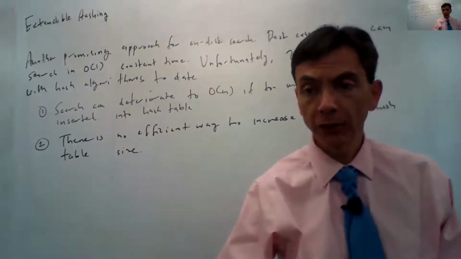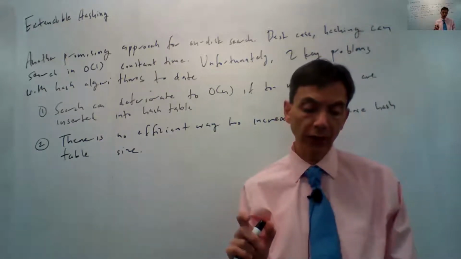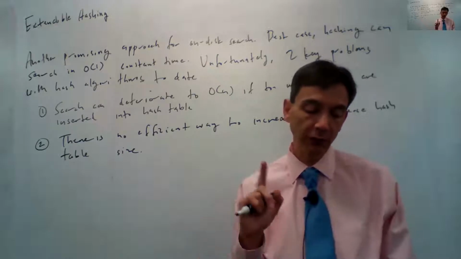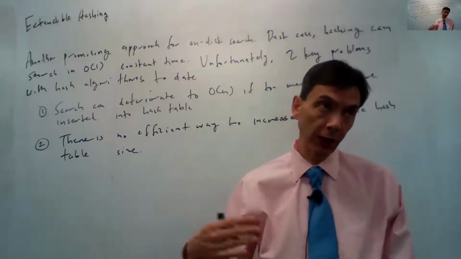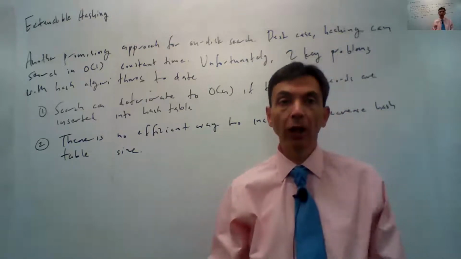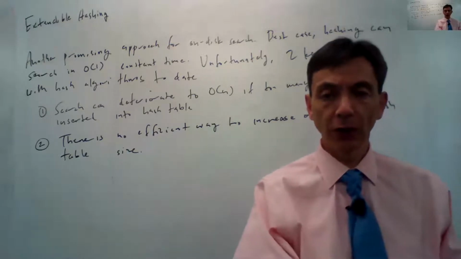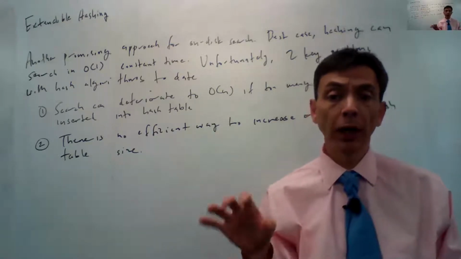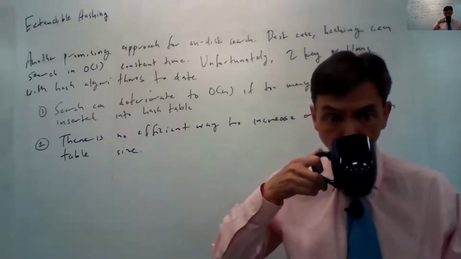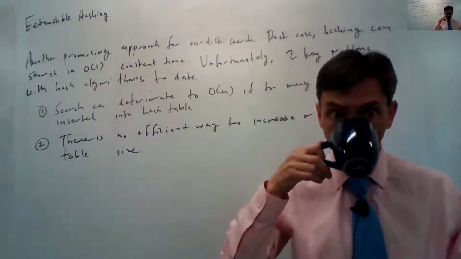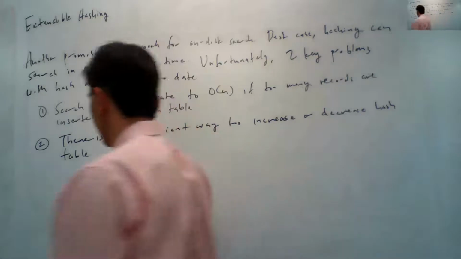So if we change n, the size of the hash table, then the hash values for every key that we've inserted into the table change as well. And so we're now going to have to remove everything and reinsert it into the new table. So the search may be efficient after we do that, but we've got a maintenance issue, which is that we can't maintain the table in the same amount of time that we can search it. And so this would not be an efficient algorithm.